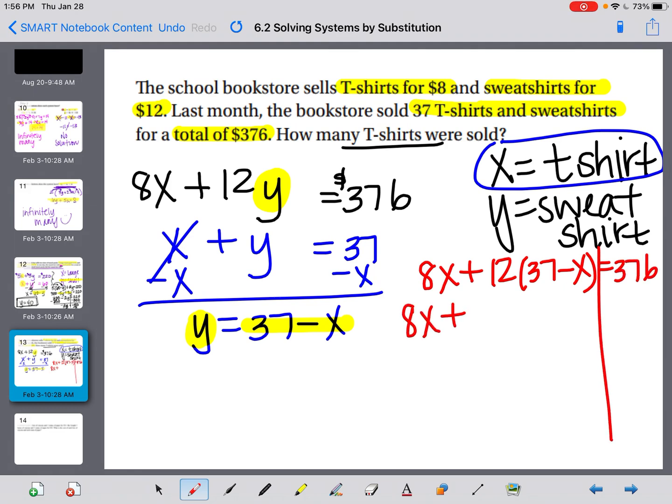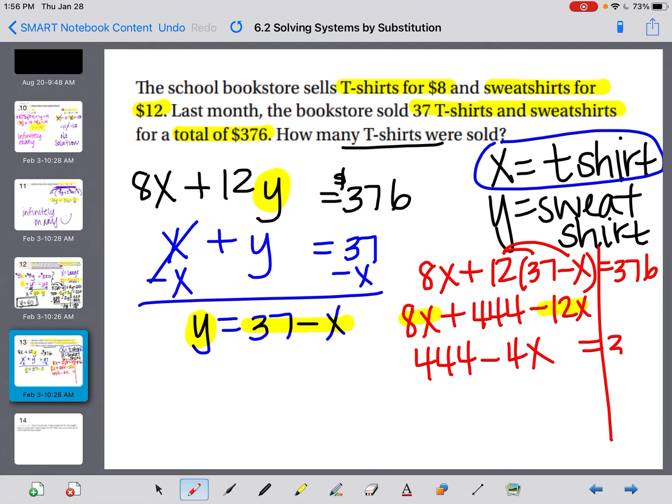I'm going to distribute. 12 times 37 is 444, and then minus 12x. Combine these like terms. That leaves me with 444 minus 4x equals 376.